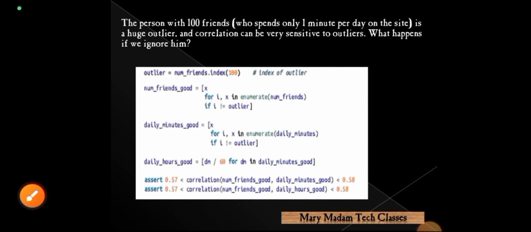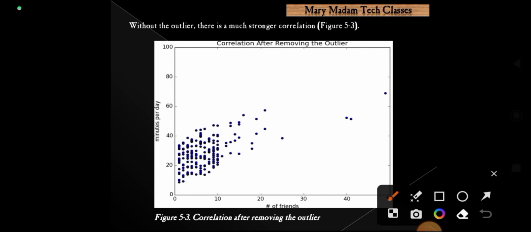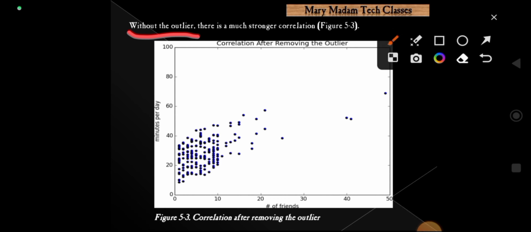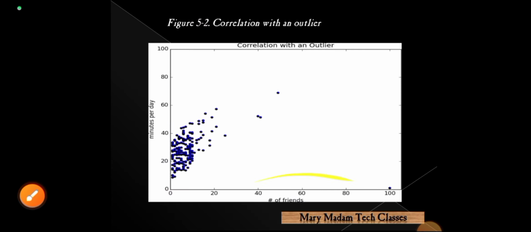Just now we have seen the outlier. In figure 5.3, without the outlier there is a much stronger correlation. Here we are taking 0 to 50 but not the index 100. Please compare this diagram to the previous one.